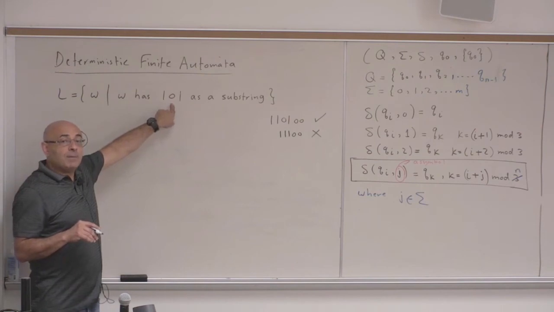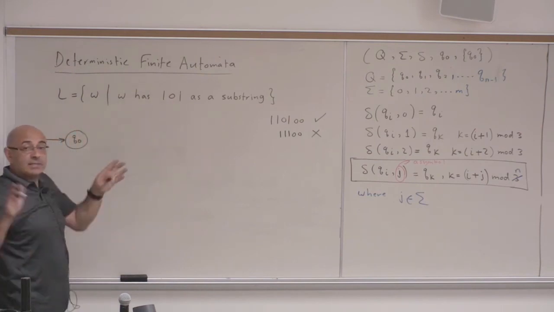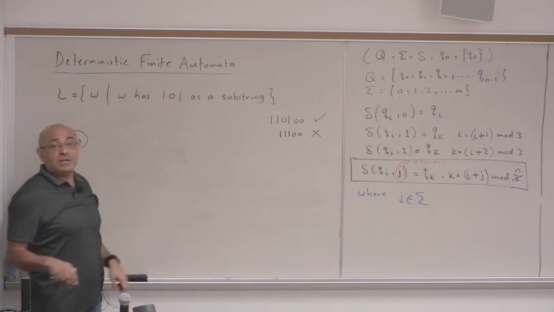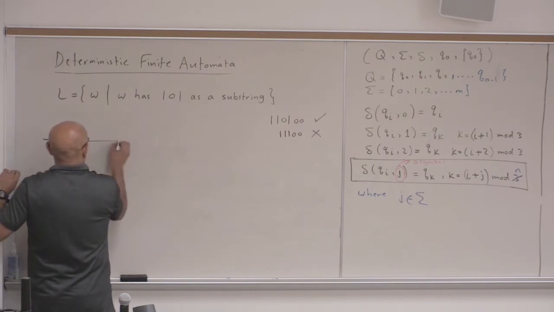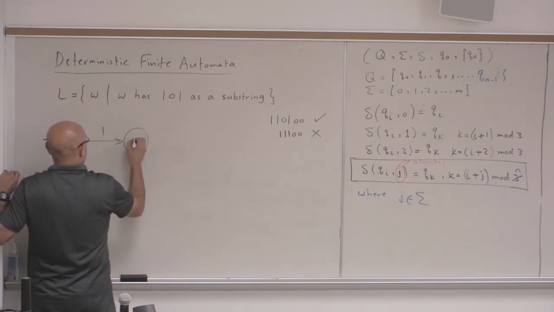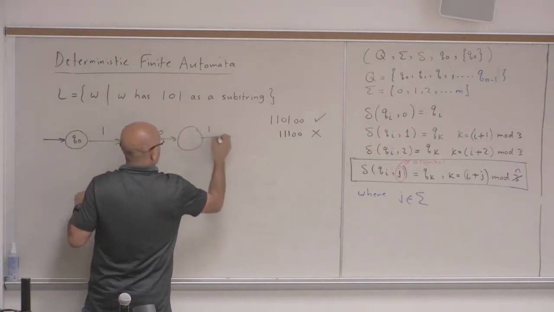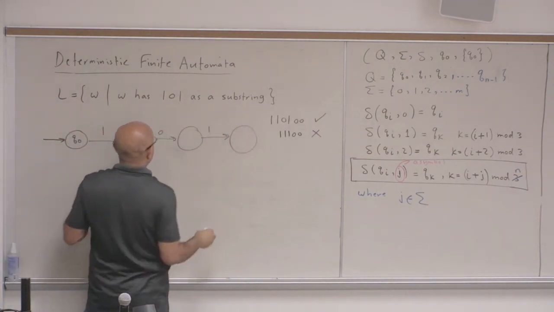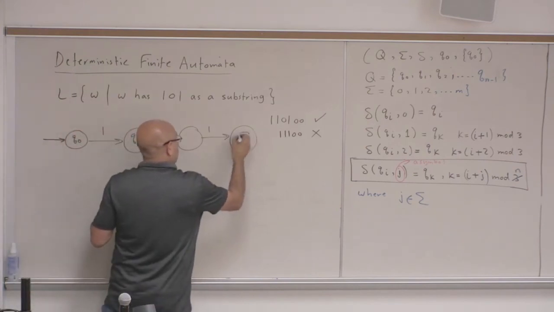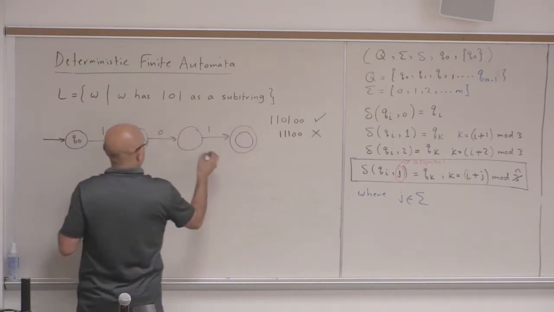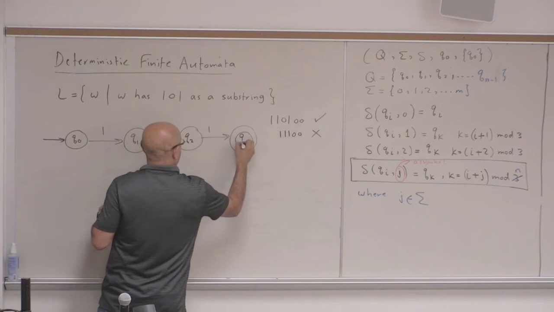So we should probably have a path from start state to accept state that has a 101 in it. Okay, and clearly this is going to be my accept state. So this is my Q2, this is my Q3.